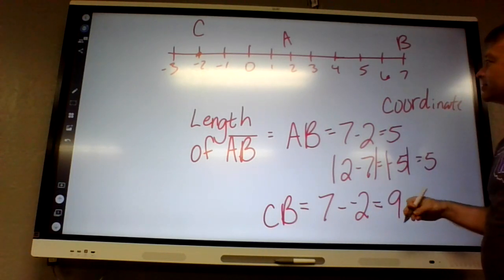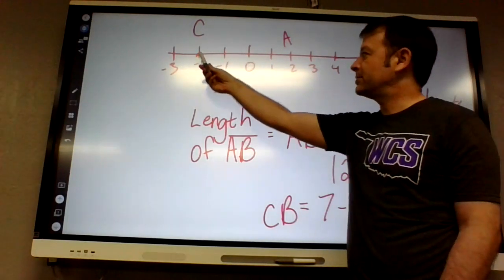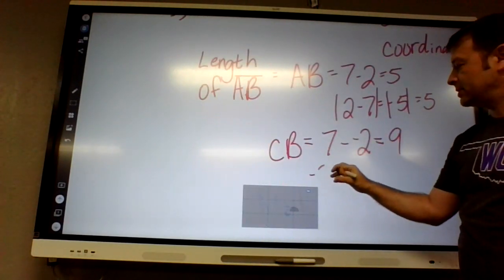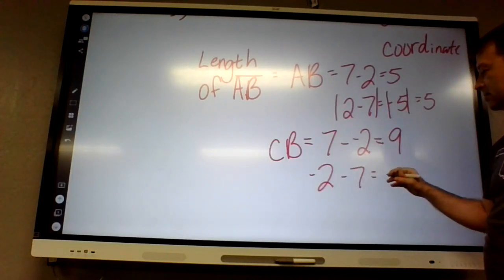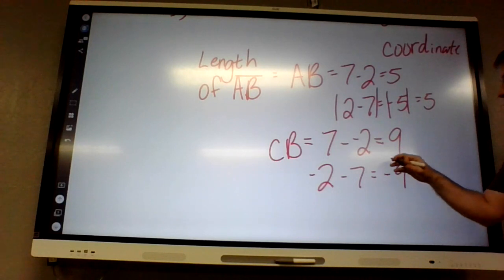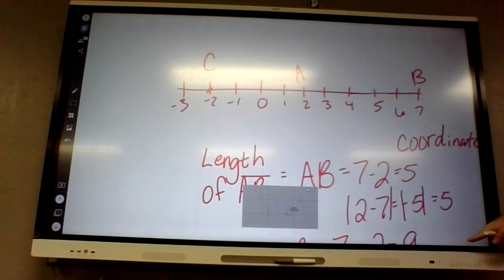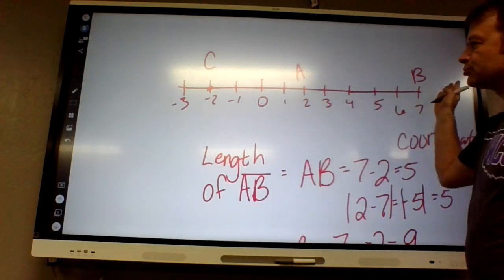Is that how long it actually is? Yep, 7 from here to here plus another 2. What if I subtract backwards? Does that work? Negative 2 minus 7, negative 9. So yeah, it does still work. Okay, so all you have to do to find the length of a segment on the number line is subtract the difference.